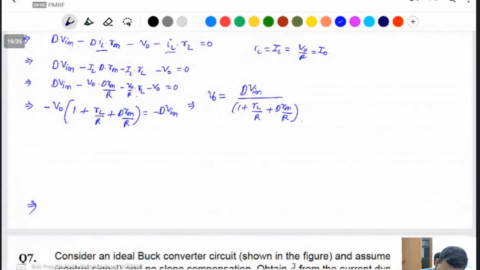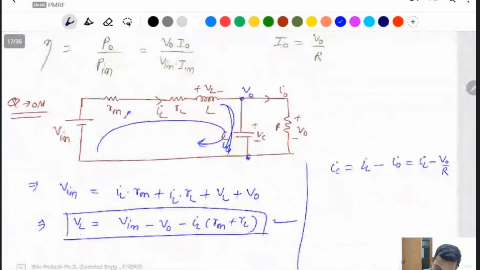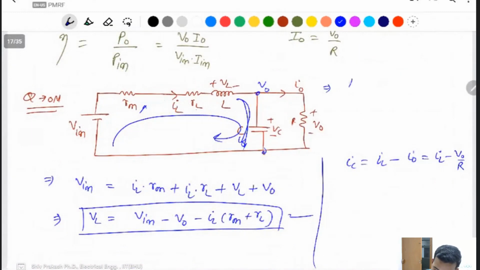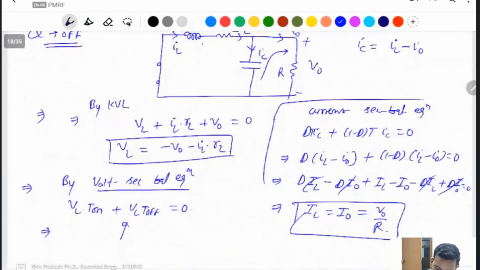Now, the efficiency is V output times I output divided by V in times I in. What is the input current? I input can be written as follows. When the switch is on, the input current flows, equal to the average inductor current IL. When the switch is off, the input current will be zero.